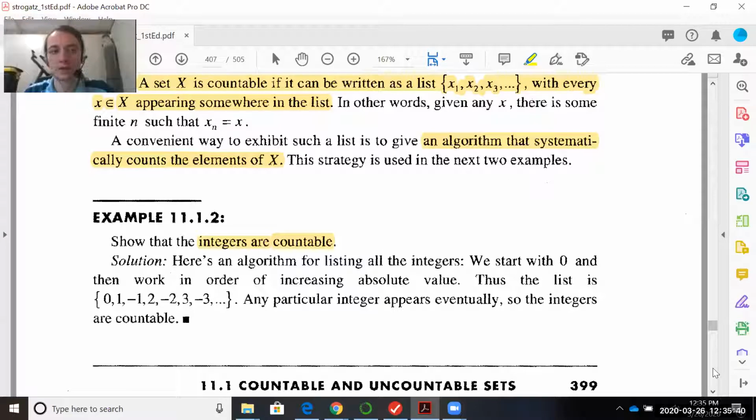A set is countable if it has the same number of things in it as there are natural numbers. Yeah, I think that's right. But the same number of things may be harder to define. There is a more precise definition.